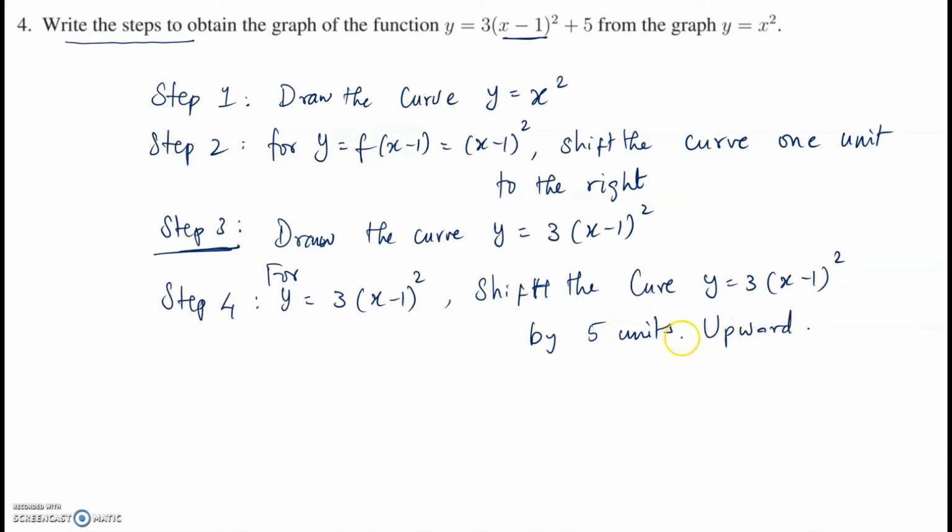Sorry, it should be plus 5 here. So to get this, you need to shift this curve by 5 units upward, and you will get your final graph for y is equal to 3 times x minus 1 the whole squared plus 5.